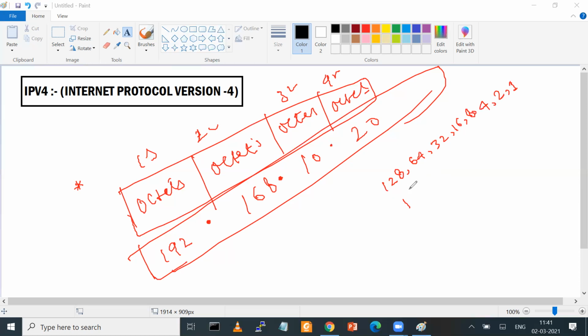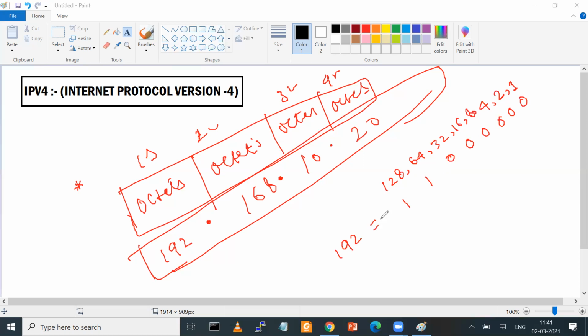So 128 should be there, and now you have to think how to make the rest. 128 plus 64 makes 192, so the rest of the values should be 0.